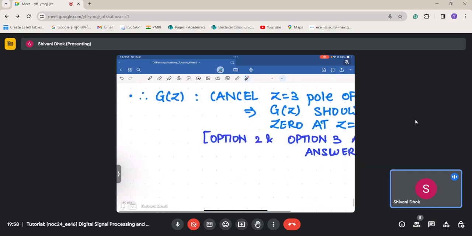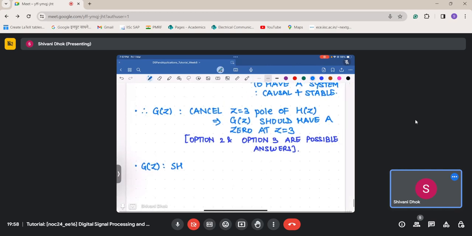So G(z) should not add a pole with magnitude greater than 1, because then it will again not give me a causal and stable system simultaneously. This condition we haven't checked yet.